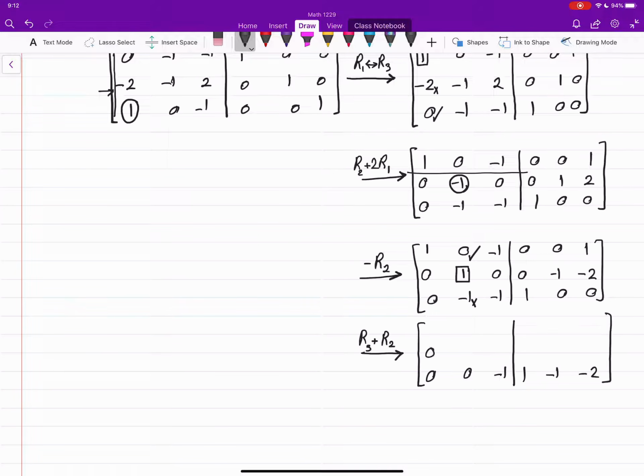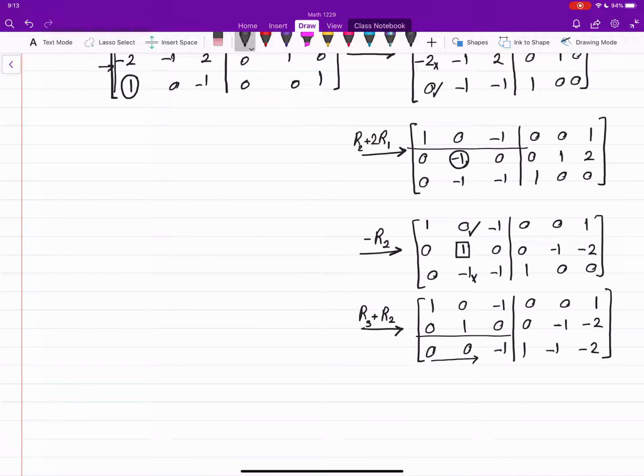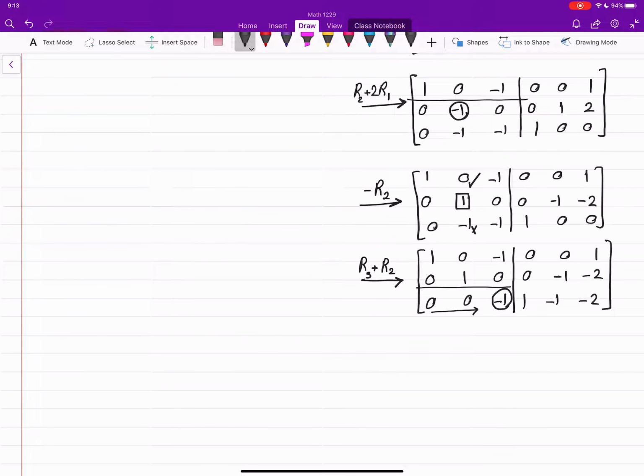Row 2 stays the same, and row 1 is also the same. This finishes our second leading one. Then we move from left to right. This is our next leading one. We have to turn it to 1, so minus R3. This makes the row 0, 0, 1, and then negative 1, 1, 2. All the other rows are as before.